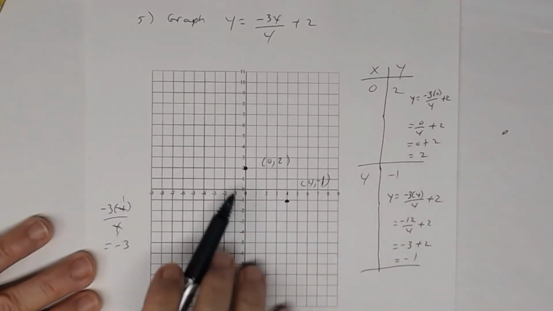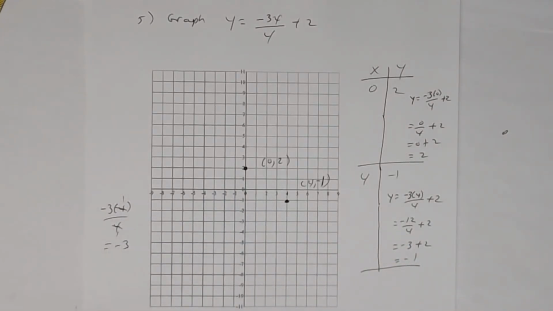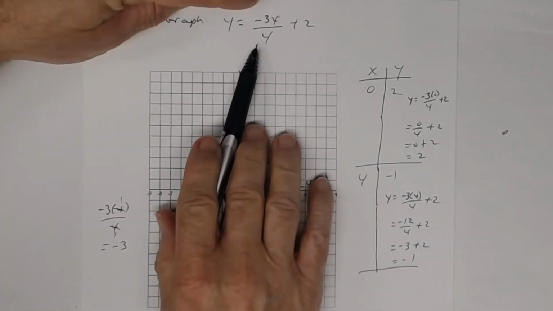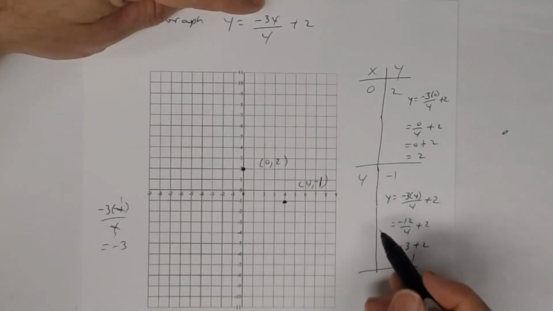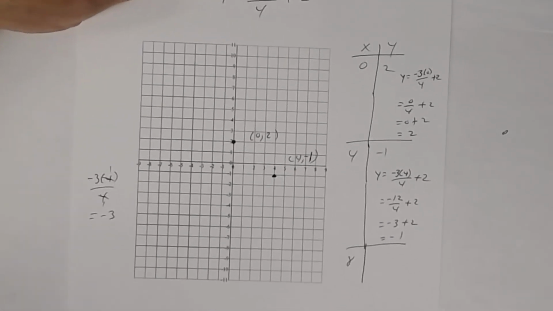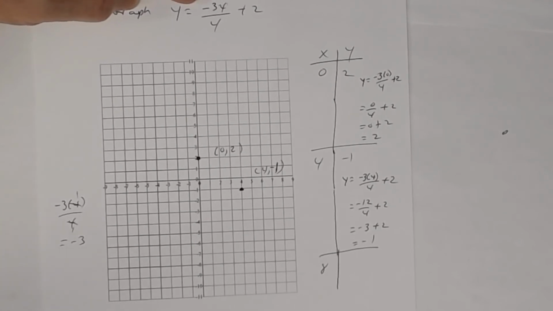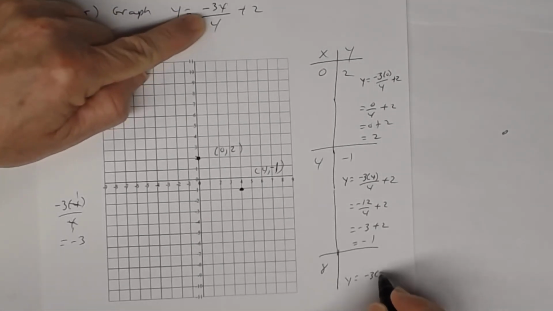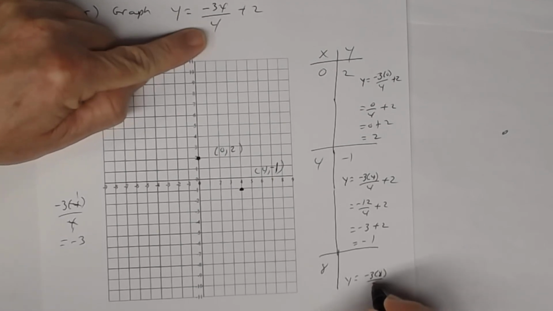Okay, let's do one more because I could have made a mistake, right? Just like I did in that previous problem. So let's go ahead and let x be 8. If x is 8, I get y equals negative 3 times 8 divided by 4 plus 2, right?